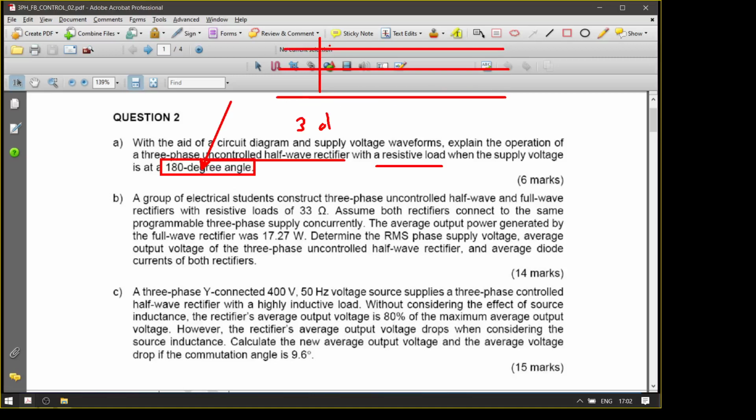Right, one triangle. Okay, connect the tips of the triangles.